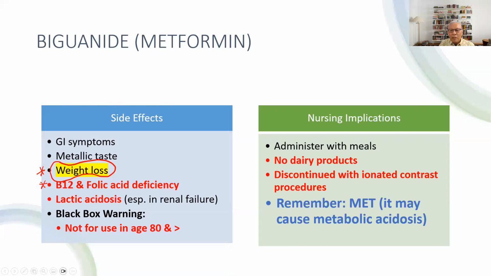Okay, so what are the nursing implications as far as metformin is concerned? Well, always advise the patient to take metformin with a meal. And they should not use alcohol, because the use of alcohol actually could cause hypoglycemia.